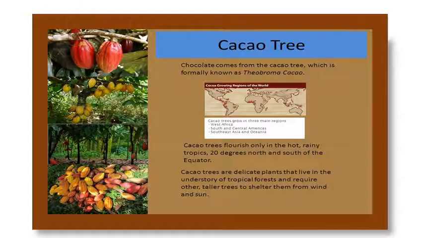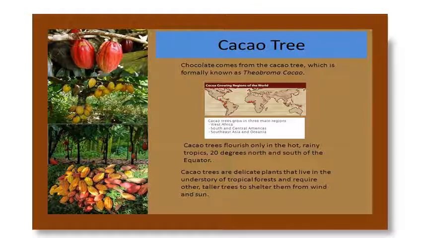Dear students, chocolate comes from the cacao tree, which is formally known as Theobroma cacao. Cacao trees grow in three main regions: West Africa, South and Central Americas, Southeast Asia, and Oceania.